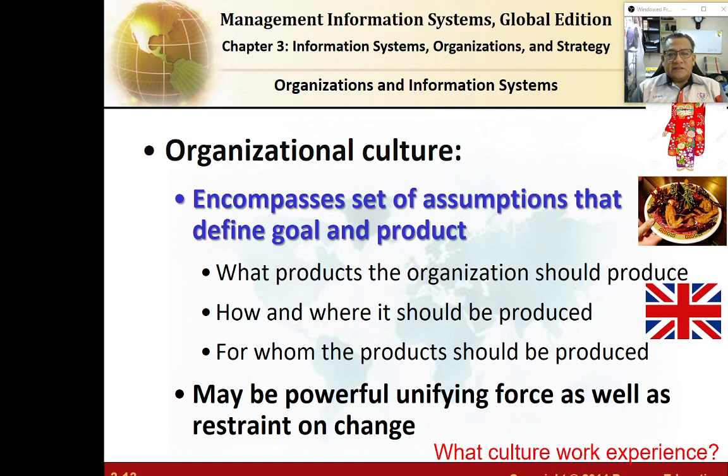So the culture is actually to produce those goods. Whatever work comes in is confined, and all the energy and resources are focused on producing those three finished goods. That is what is happening in the Fujitsu company.